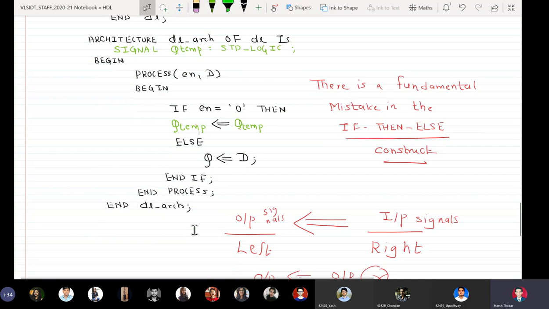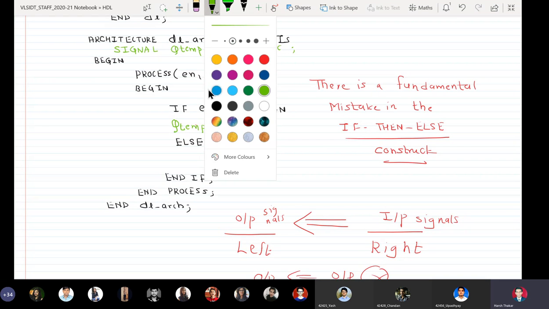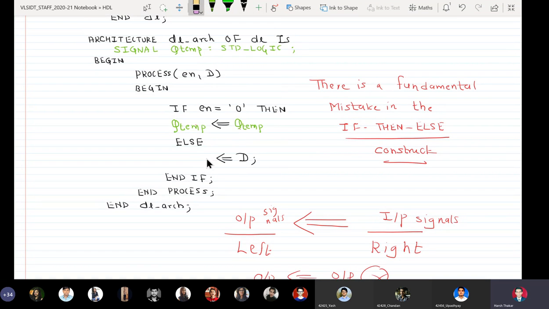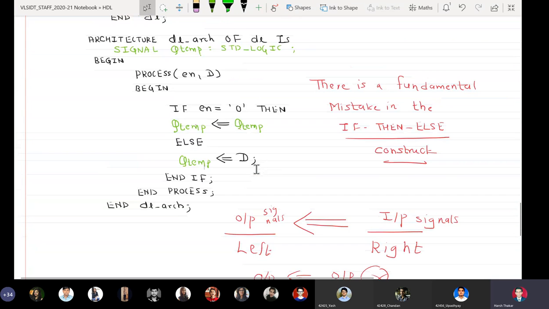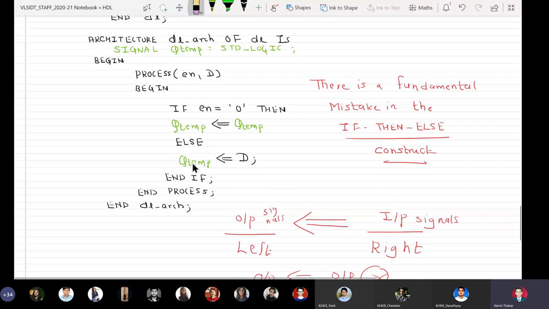And then here again instead of Q. So I'll not be using the final output Q inside the process at all. I'll be playing around with only qtemp. So then I'll write qtemp gets qtemp, else qtemp gets D, and I will do something here which is very important and has to be done even in VHDL models for counters. Okay, let's see what I do.